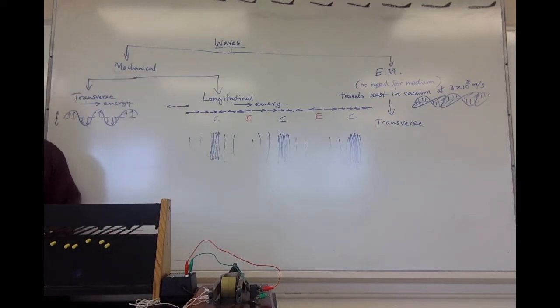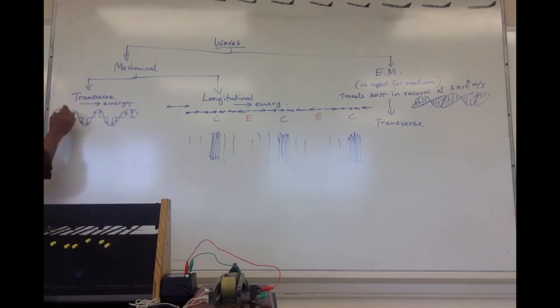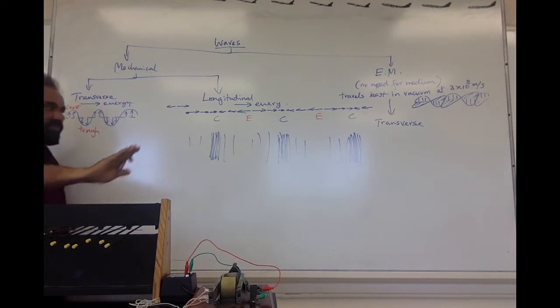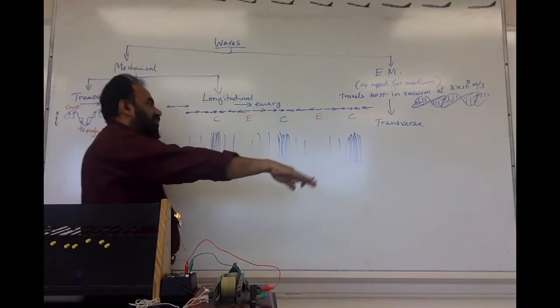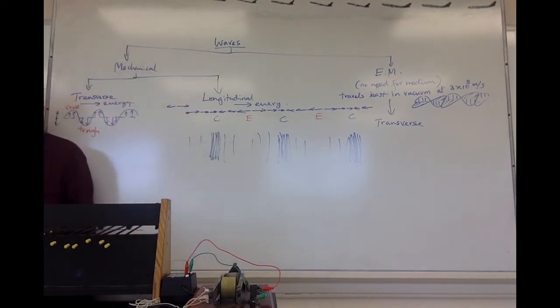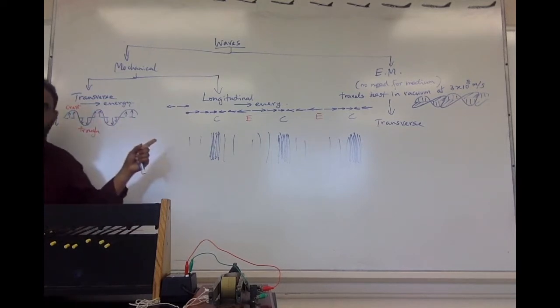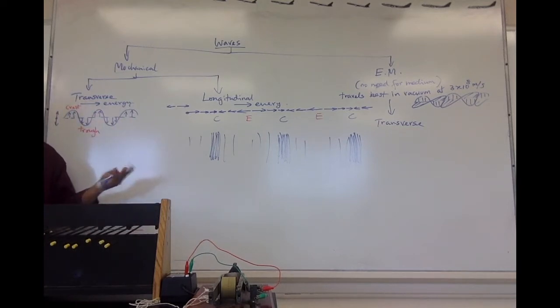Is that clear? In a transverse wave, we call this crest and trough. Crests and troughs. Some books say hills and valleys, but that's not the right term.